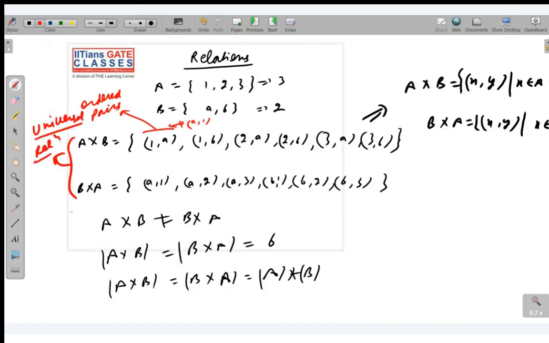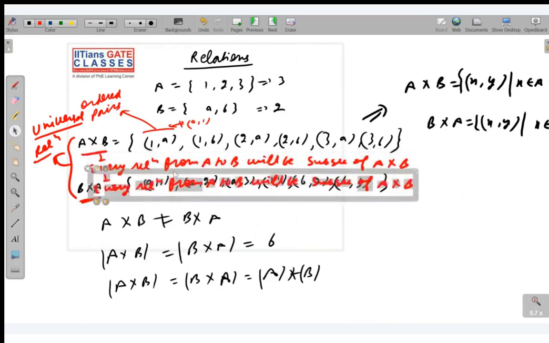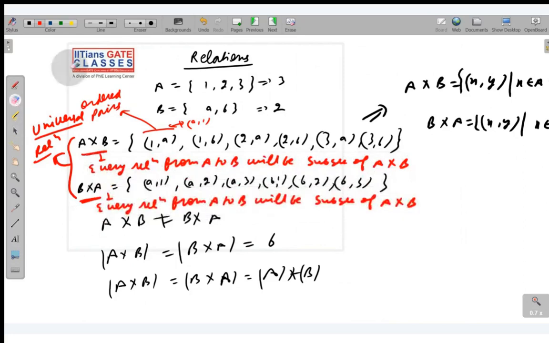Universal relation means every relation from A to B will be a subset of A cross B, and every relation from B to A will be a subset of B cross A. Direction is very important. That is the basic meaning.